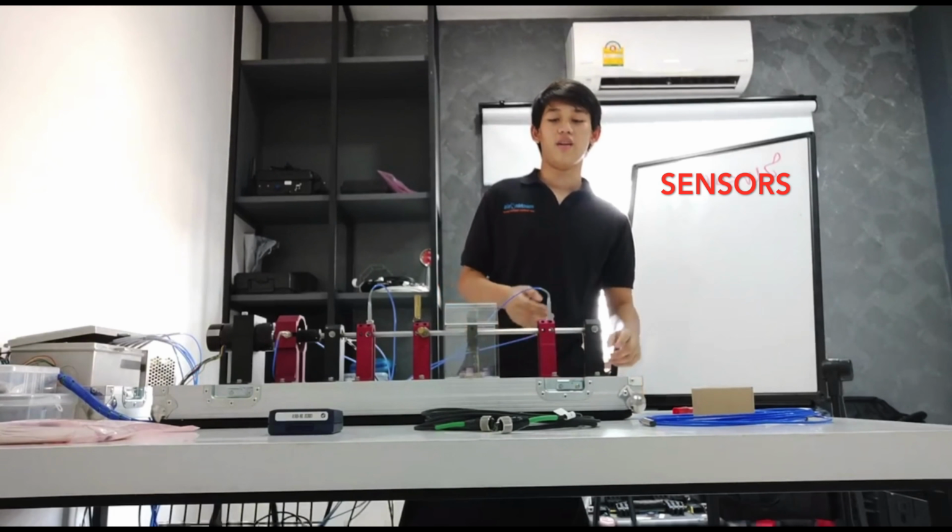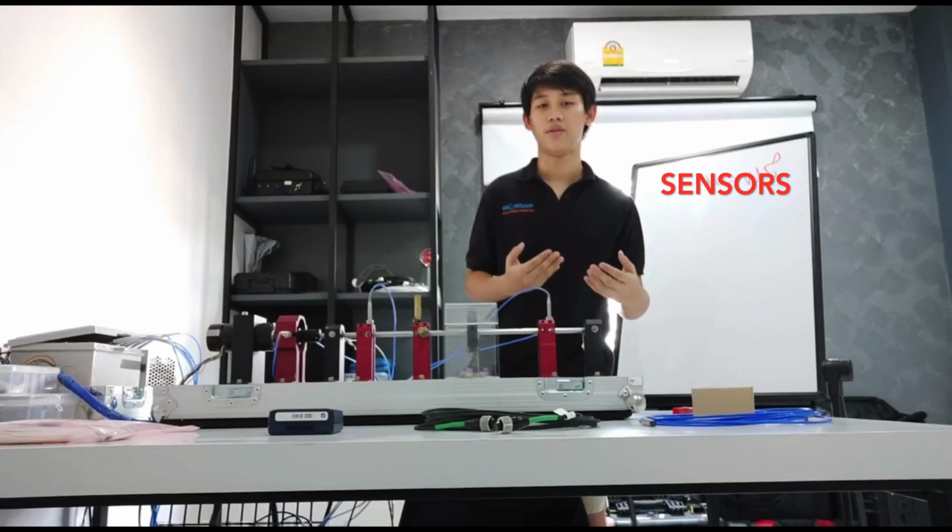Okay, so now we've gone through two sensors. Oh, I forgot, this sensor also needs an amplifier to process and expand the signal that comes from the sensor from the mechanical vibration. I also forgot to talk about the advantage and disadvantage of the sensor.